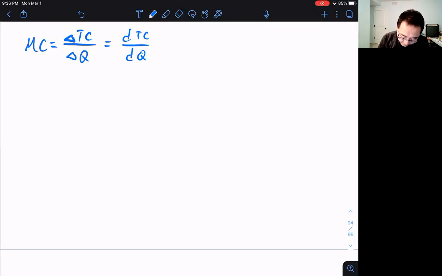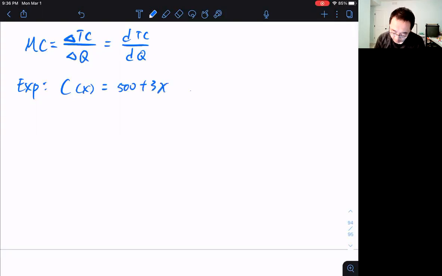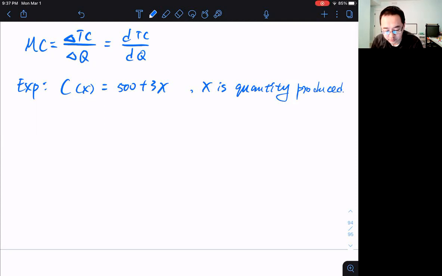So let's look at an example. Let's say that you have a cost function, c of x equals 500 plus 3x, where x is quantity produced. So usually we call x Q in economics, but here, since we've used x so much, let's just stick with x.